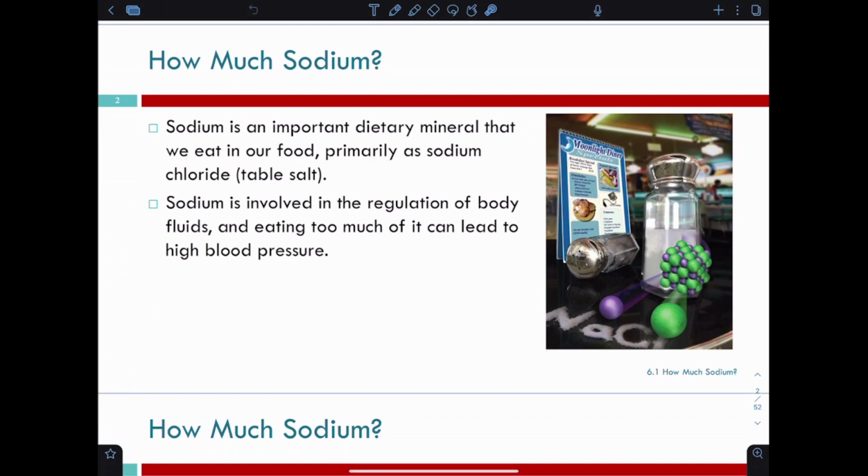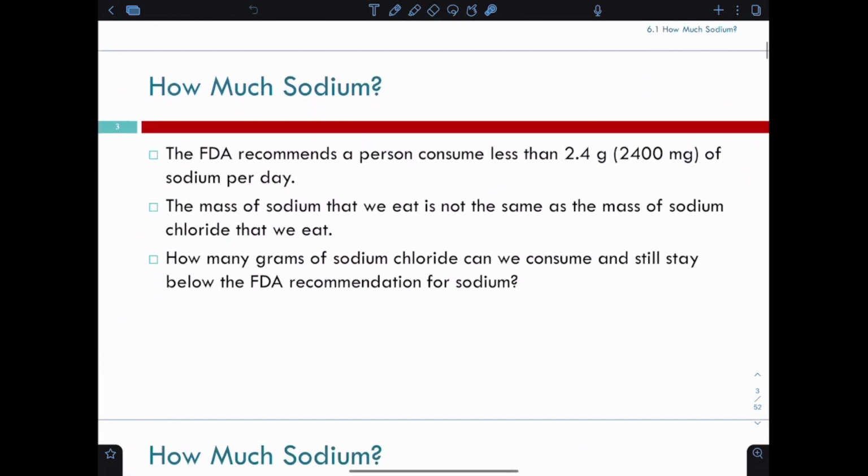This is something that most of you probably haven't thought too much about, but sodium is an important dietary mineral that we eat in our food, primarily as sodium chloride. It's involved in the regulation of body fluids. You need these salts in your body, but it can be very easy to get too much, especially sodium. You get high blood pressure and other issues.